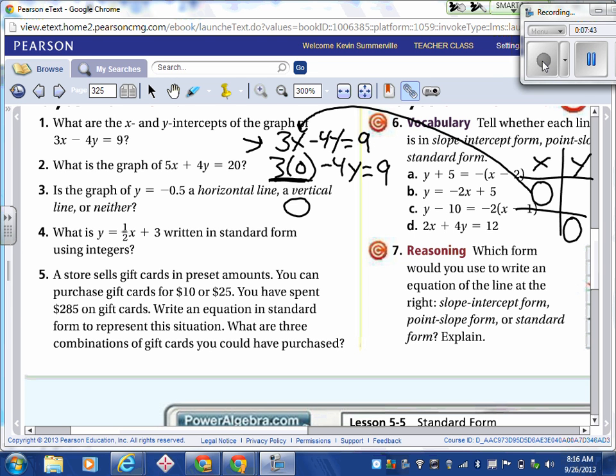I can write the 0 down. Minus 4y equals 9. Now I have a number next to a letter, so I need to divide both sides by negative 4.